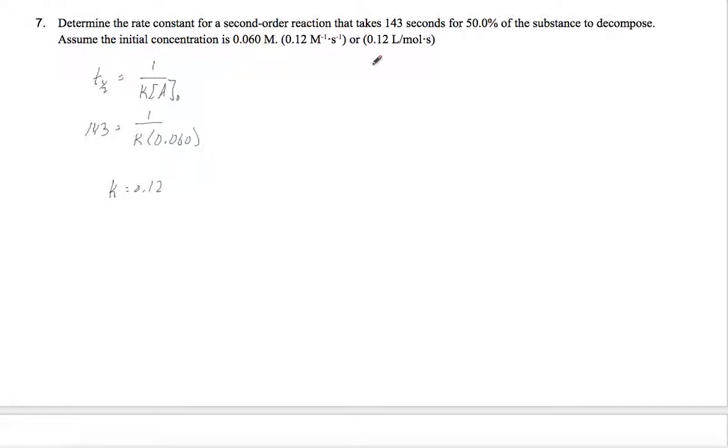Yeah, and different units here, guys. There's 3 different ways you can express units. Like this unit here, since it's second order, is molarity raised to -1, second raised to -1, or this is the exact same thing.